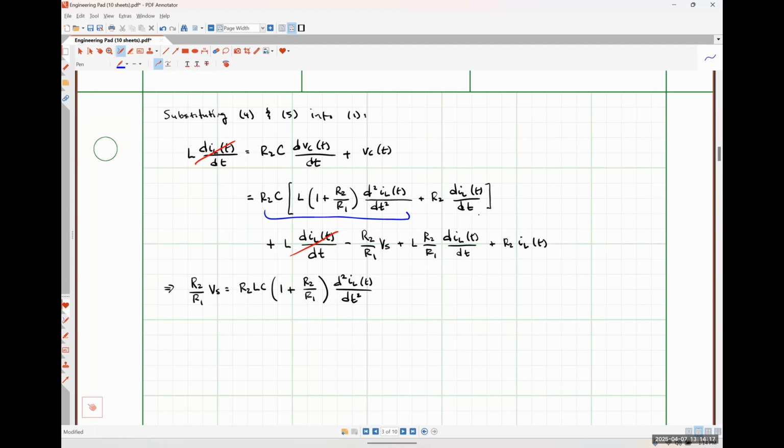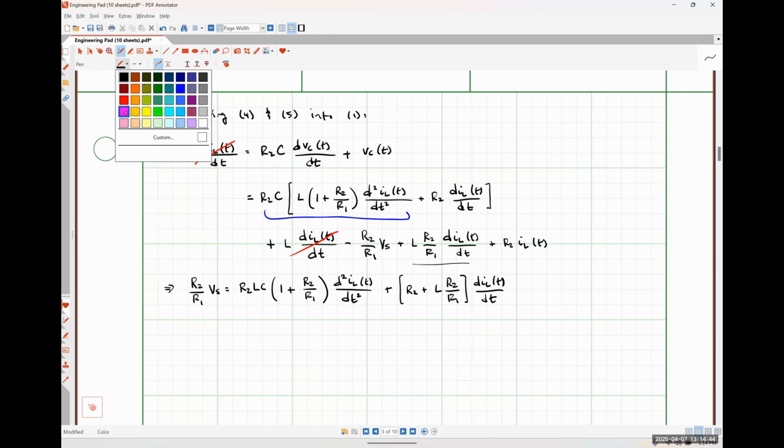For my first derivative, I have an R2 by itself. Then I also have this term right here. So that's going to be R2 plus L times R2 over R1 times my first derivative. So that's taking care of this guy right here and this guy right here. R2, should it be R2 squared times C? You know what?